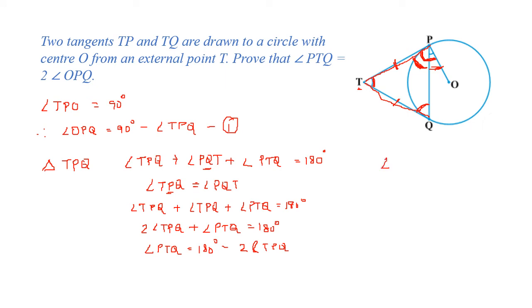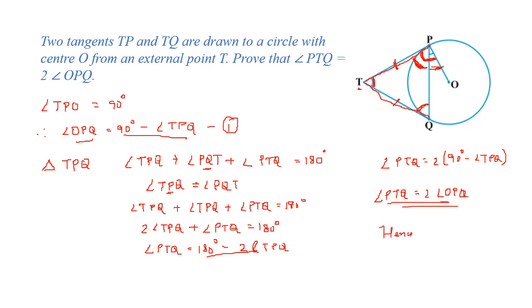So I can write this as angle PTQ equal to 2 bracket 90 degrees minus angle TPQ. But 90 minus TPQ is how much? It is OPQ. So this becomes angle PTQ equal to twice angle OPQ. And you see, hence we have proved this.